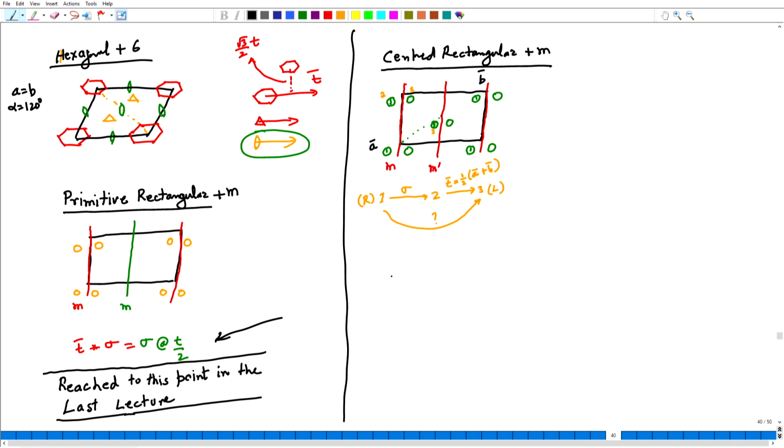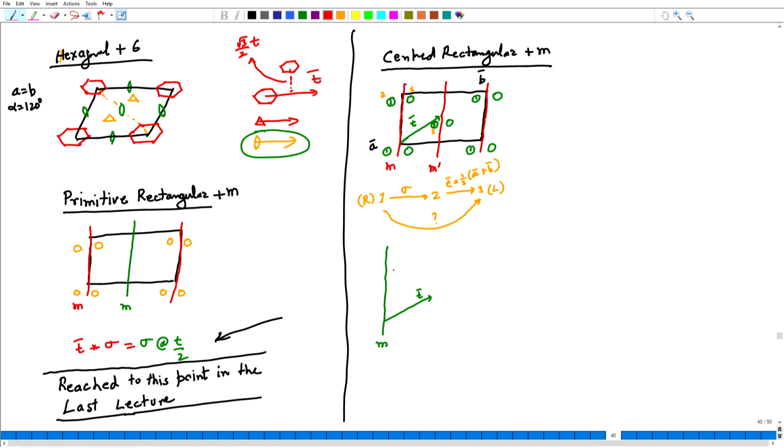What I actually have, if you think about it, is a mirror and a translation. This is my centering translation, this is essentially my translation T. Now, if I draw this separately, I have a mirror here and translation T. Let me put now a couple of motifs.